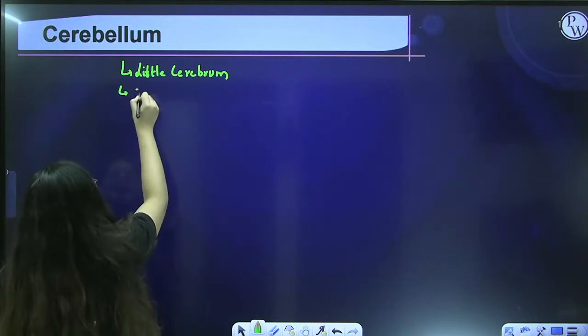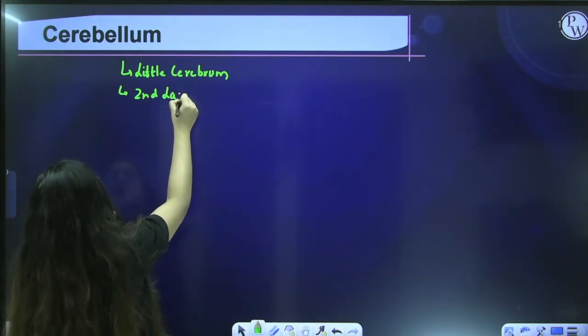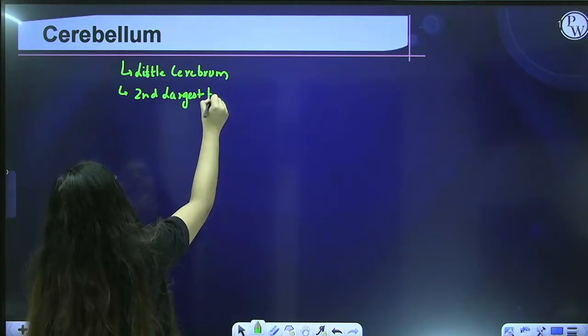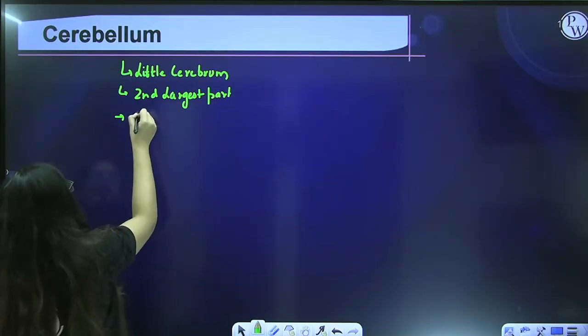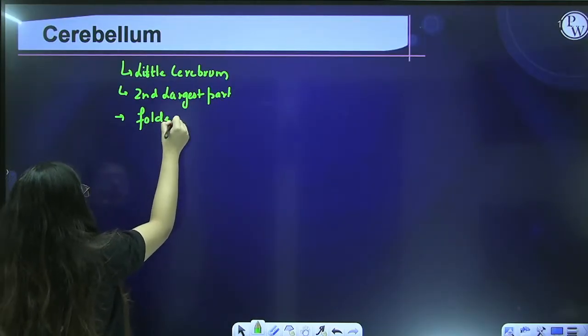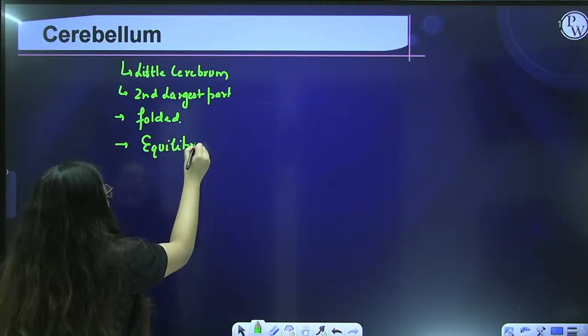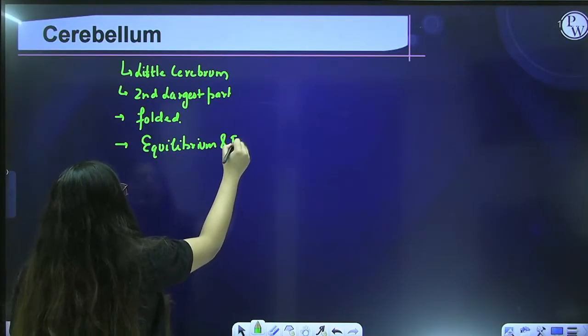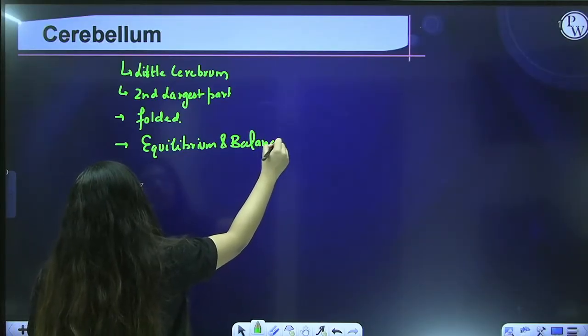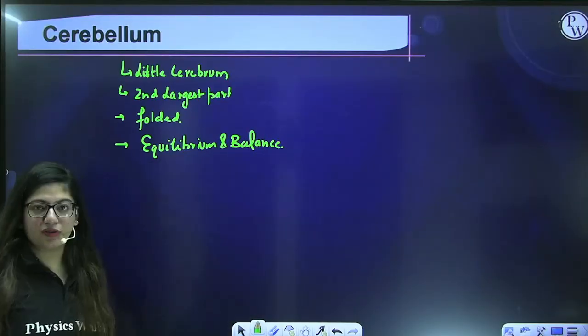So it's the second largest part, and it is also folded. What's the function? Its function is equilibrium and balance of the body.